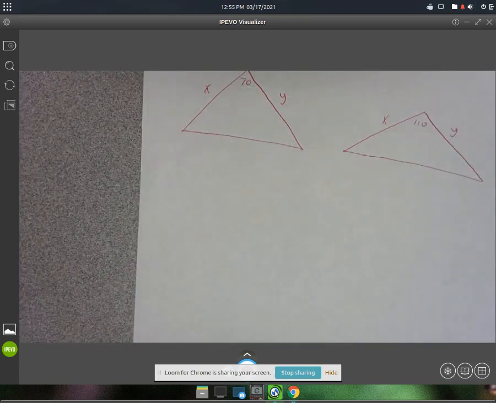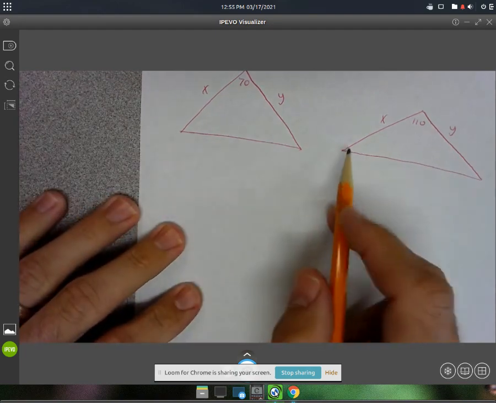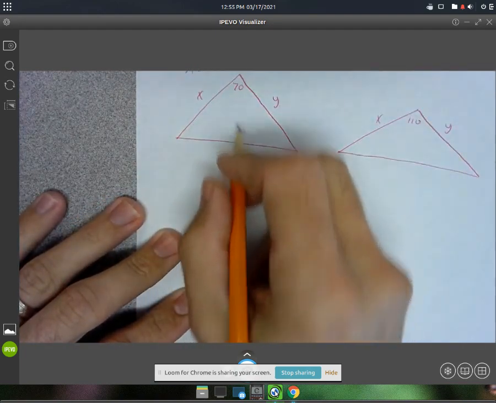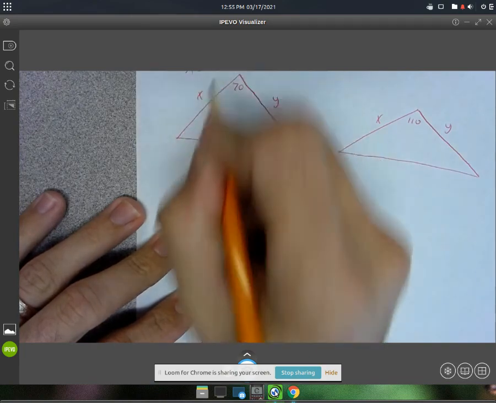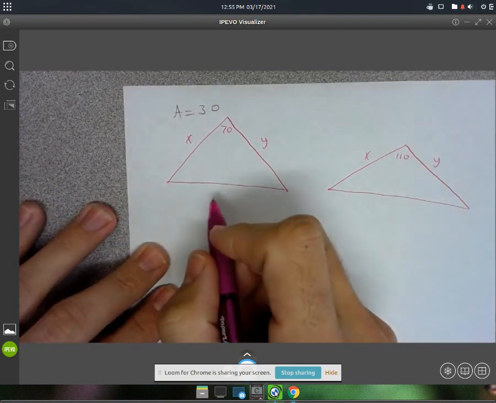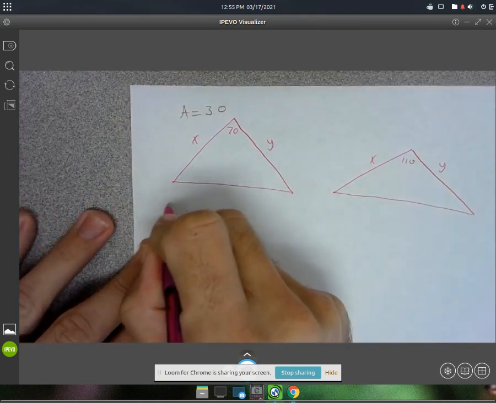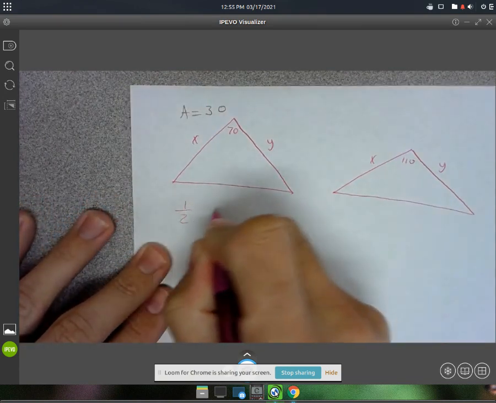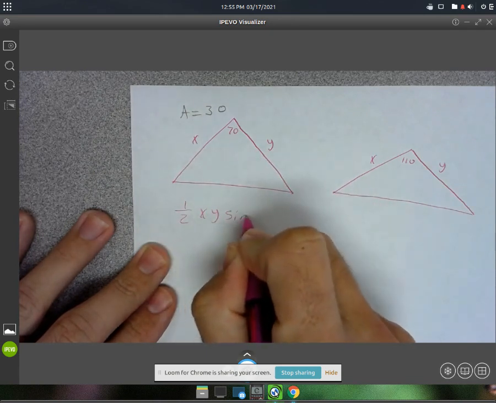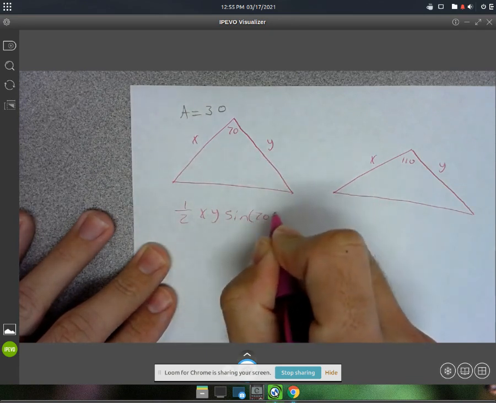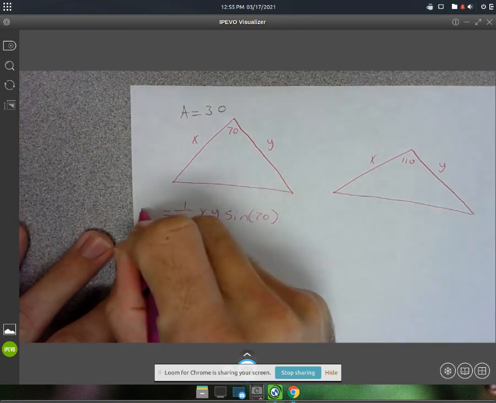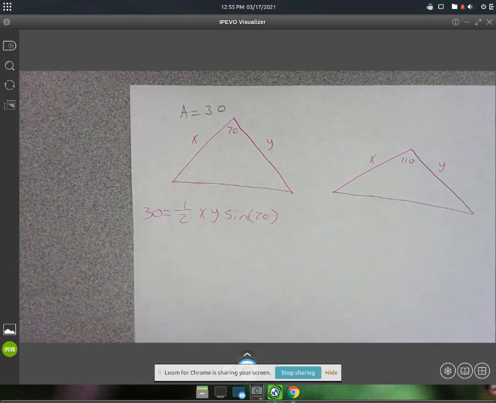So I've got my two triangles. The area of this first one here is 30. Now, what I'm going to do is apply that sine area formula, which is 1/2 xy, and then 70 is going to be my included angle here. This is equal to 30 because that's what the problem told me.